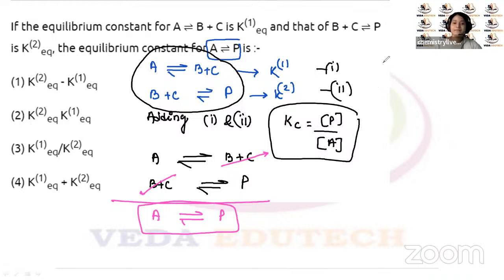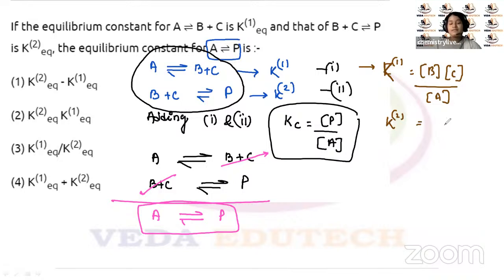For K1, it is concentration of B, C by A. For K2, it is concentration of P, B and C. So what can we do to get Kc? How are we going to get Kc? We need P above and only A below.